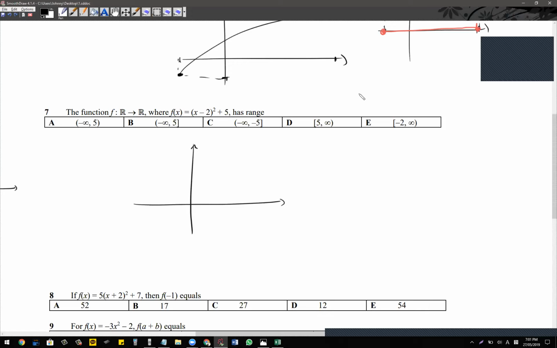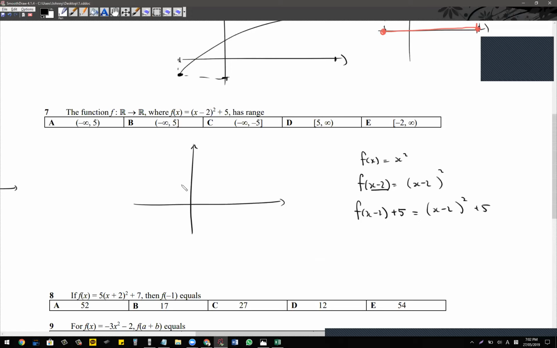But if we write the f of x as x squared, then f of x minus 2 is plug in this whole thing into x, then you get x minus 2 squared. And then f of x minus 2 plus 5, then you get plus 5 here. So you get this whole bracket plus 5.